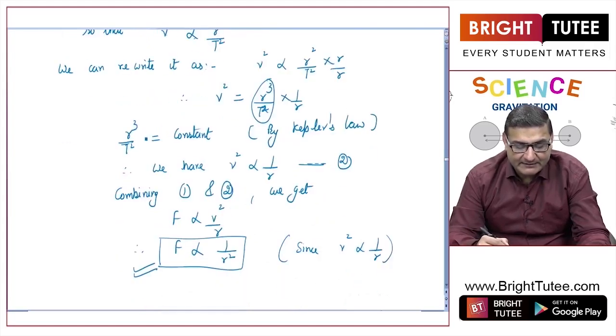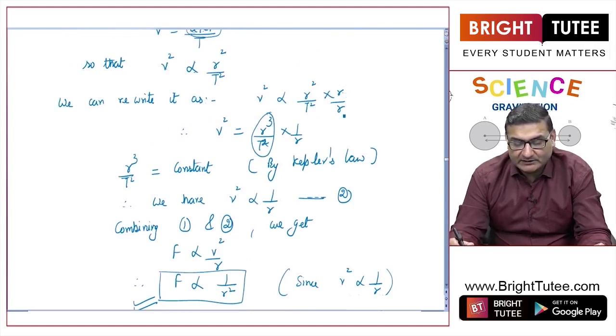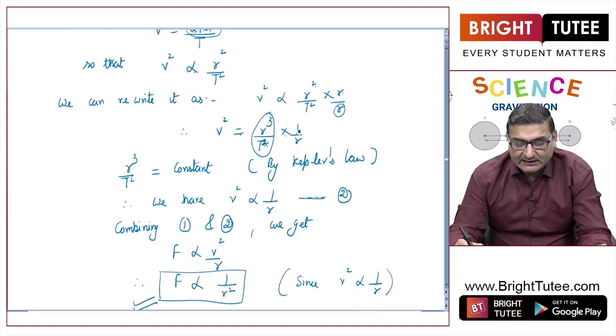It can be rewritten by multiplying r in the numerator and also in the denominator. It won't make much difference, because they cancel out. So v square is proportional to r square into r, which is r cube, upon T square, multiplied by 1 by r. I can relate it like this.